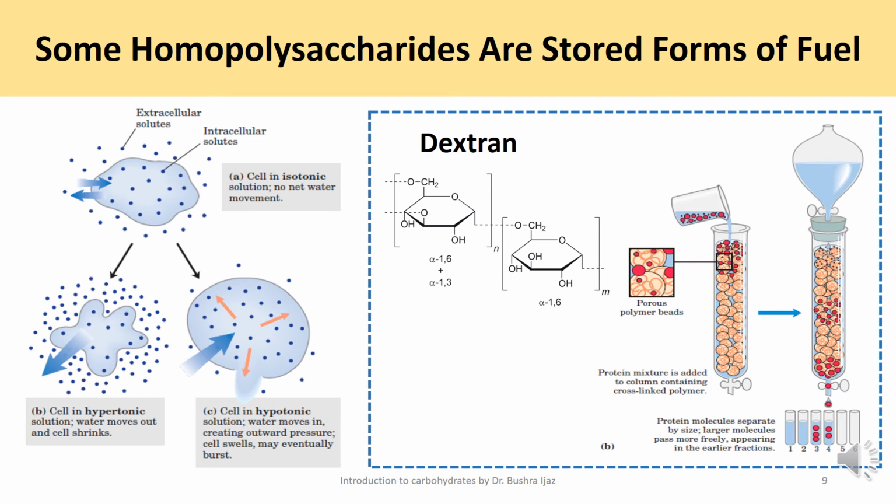Dental plaque formed by bacteria grown on the surface of the teeth is rich in dextran. Synthetic dextrans are used in several commercial products, for example in cosmetics, and they serve in the fractionation of proteins by size exclusion chromatography, as you can see on the right side of this slide. The dextrans in these products are chemically cross-linked to form insoluble materials of various porosities, permitting macromolecules of various sizes to pass through.